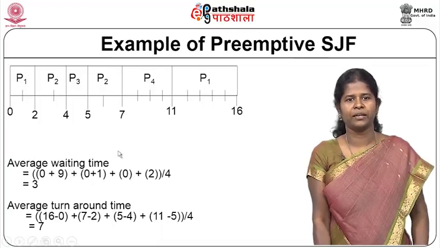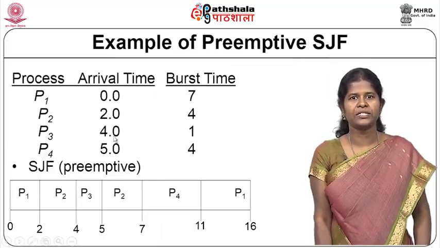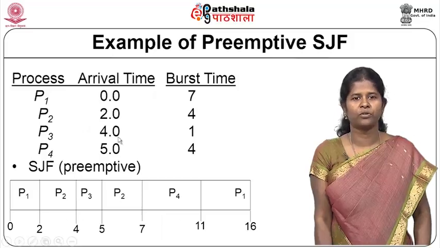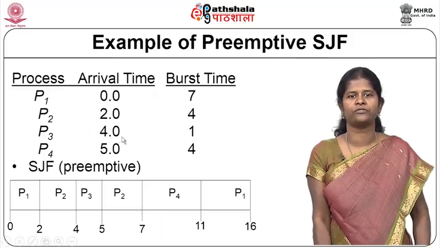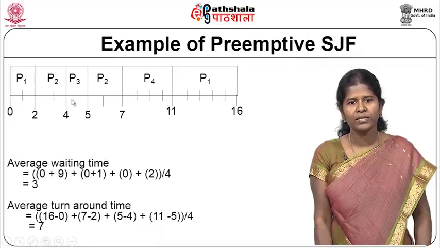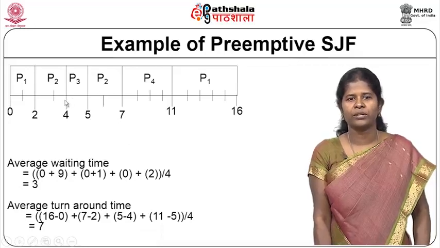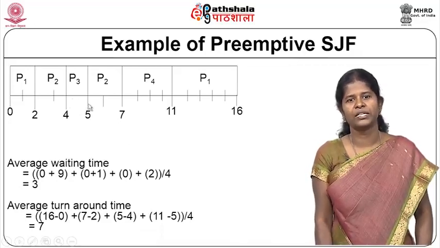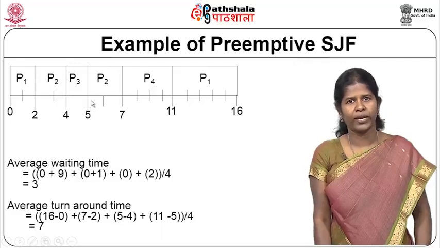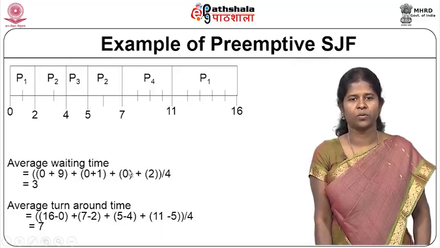And then look at P3. P3's arrival time is t equal to 4. P3 came in at t equal to 4, got the CPU at t equal to 4, and finishes off at t equal to 5. It did not have to wait at all. So, the waiting time for P3 is 0.